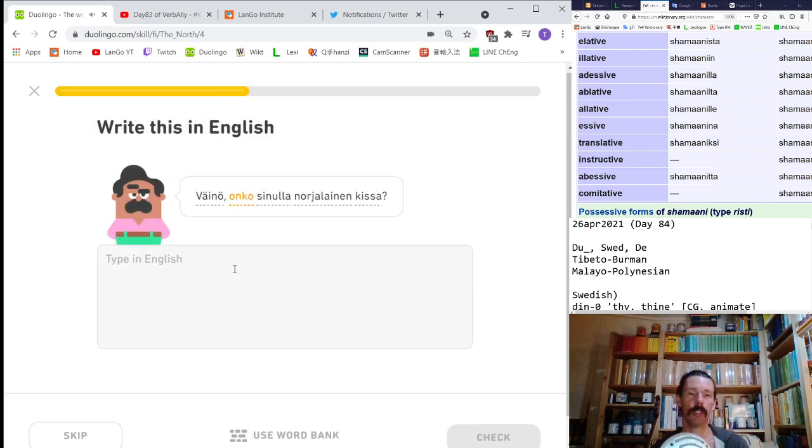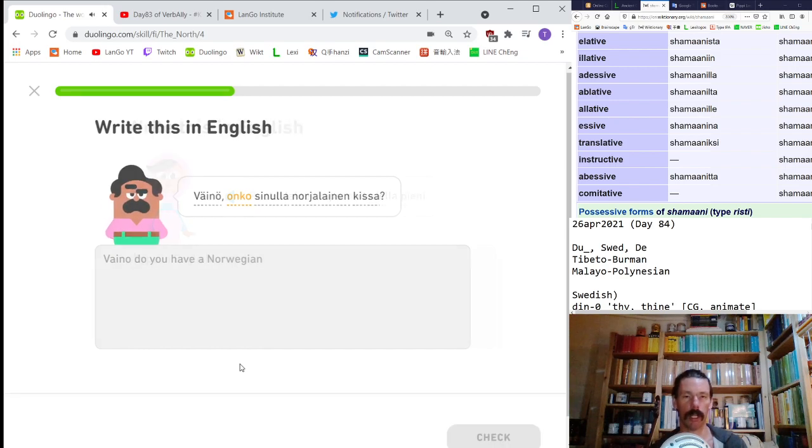Väinö, onko sinulla norjalainen kissa? Keyboard on the cell phone in the picture only has 11 letters. Scandalous. And these cartoon hands better have 5 fingers. Better be quid digital. Väinö. That's the name, right? Onko, do you have a Norwegian cat? Is it in your possession?